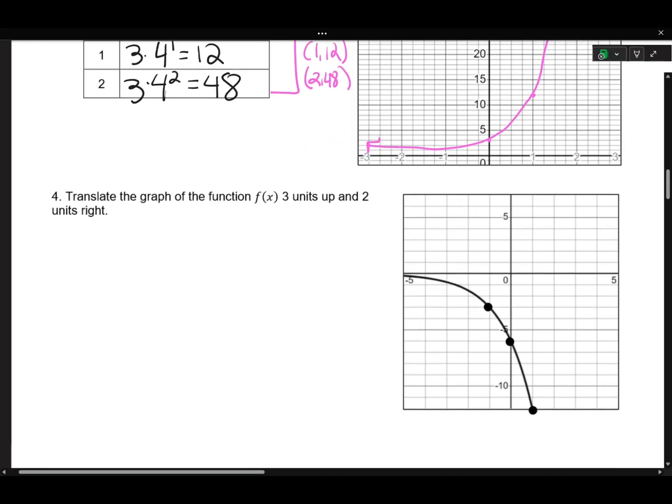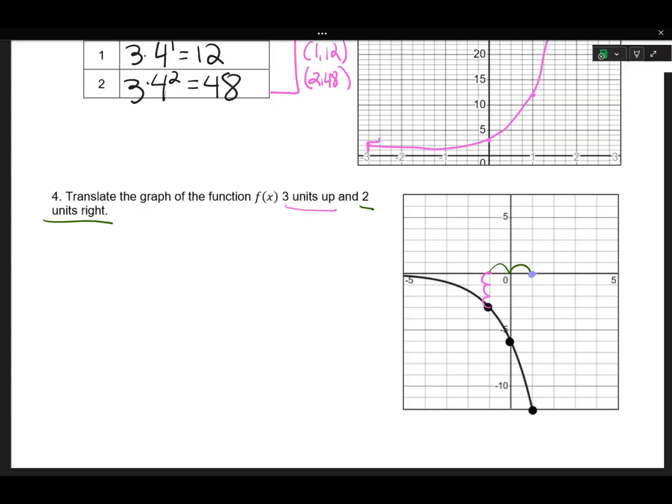In number 4, what I'd like us to do is to take this function and move it 3 units up and 2 to the right. Slope always goes up and then to the right, so let's do it. 3 up. 1, 2, 3. 2 to the right. 1, 2.